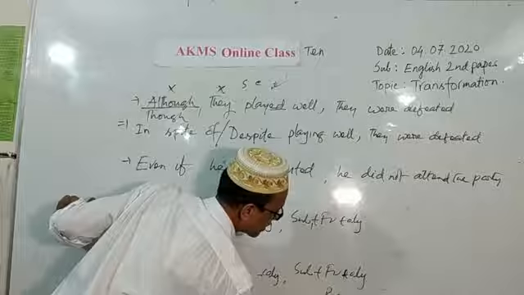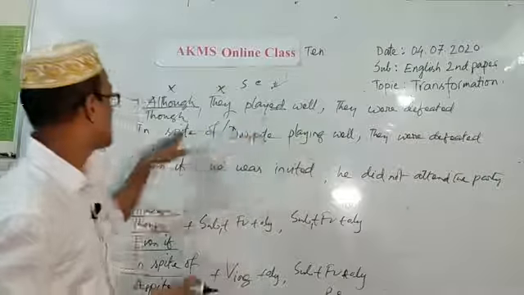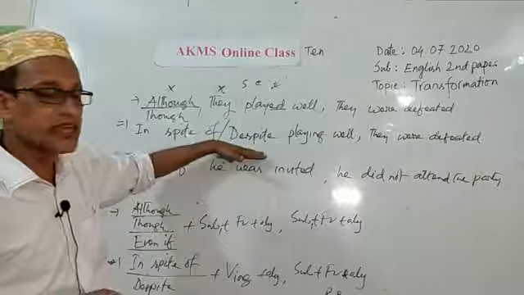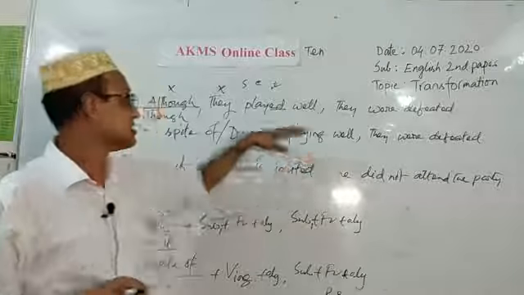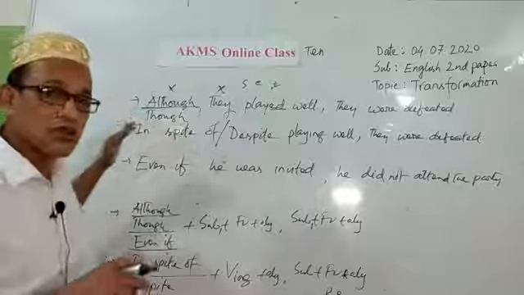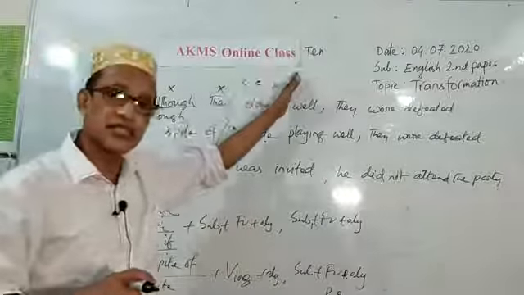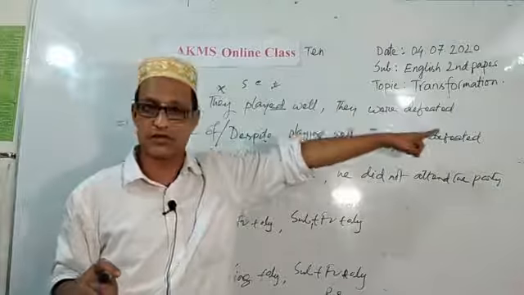You can also write, they were defeated in spite of playing well. In spite of or despite may be used in the middle of the sentence. Though, although, or even if, these three conjunctions can be used in the middle of the sentence, and then the subordinate clause will be the last part of the sentence.